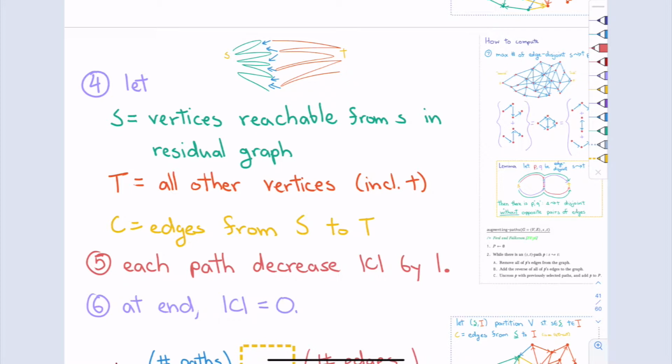So capital S is the set of vertices that are reachable from S in the residual graph at the end. T is everyone else. And C will always denote the number of edges from capital S to capital T. So at the end, C is empty. There were no edges left to leave capital S and get to capital T.